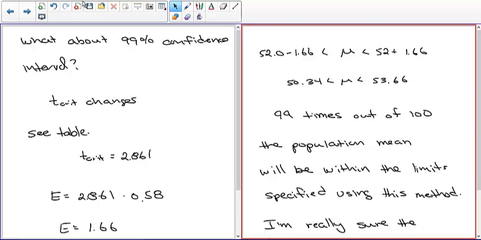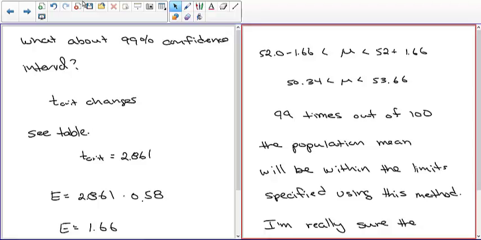And you could go to a 99.9% confidence interval. So it says, I'm really sure. 99% confidence is 99 times in 100. I'm pretty darn sure.